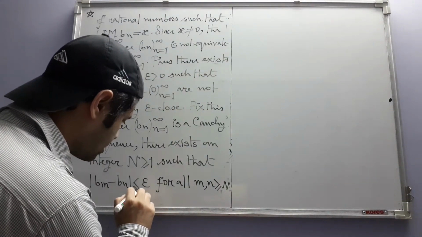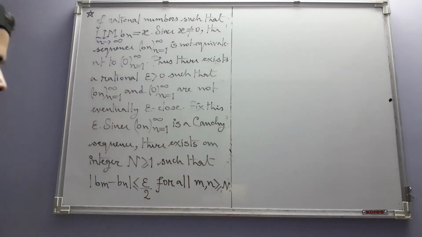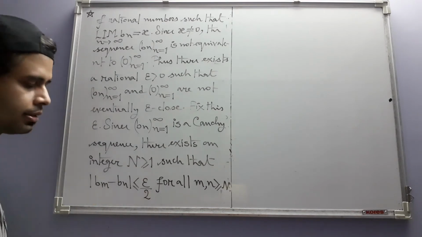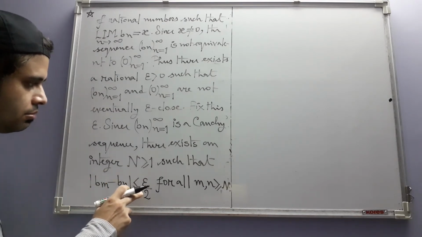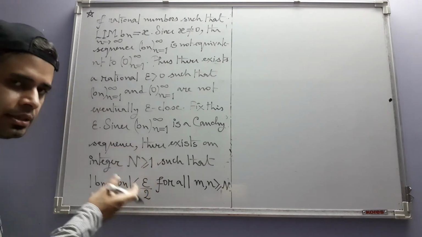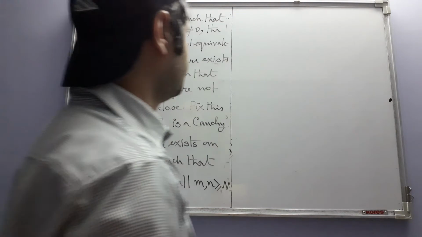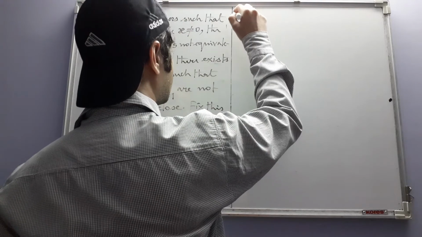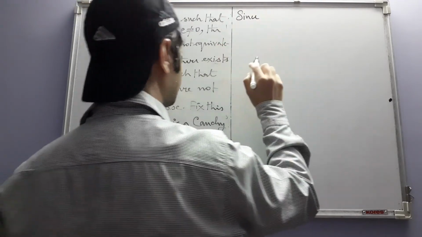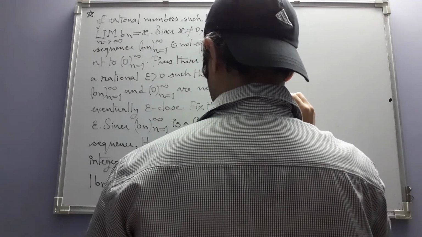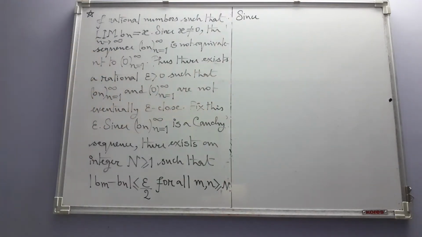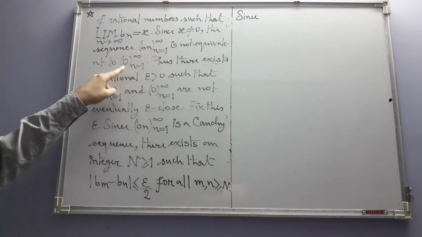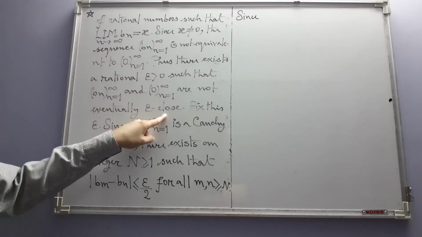For technical reasons, let us take this epsilon by 2. Epsilon by 2 is also a rational number, so you can consider that. In place of epsilon, you can choose, say, this new value epsilon by 2. Now we are going to use the fact that Bn and 0 are not eventually epsilon close.